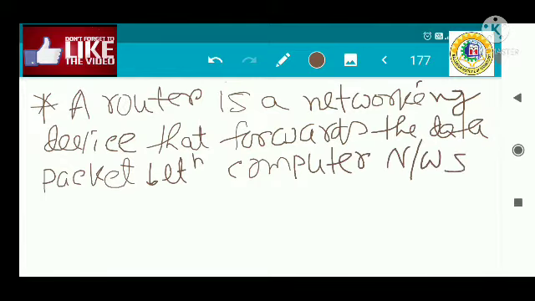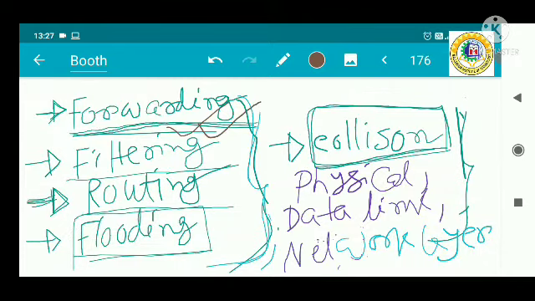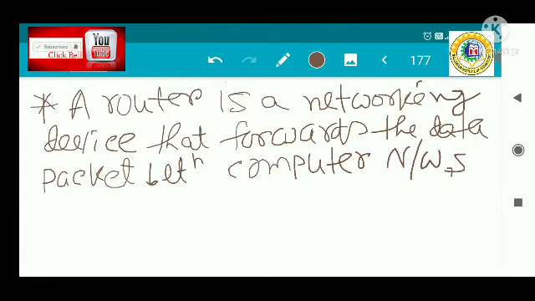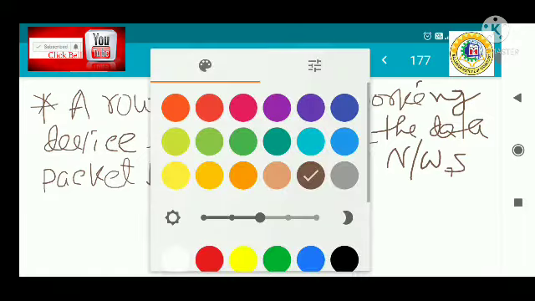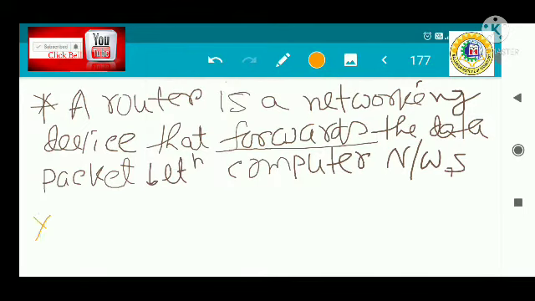So this is the formal definition of the router. That means the forwarding function can be easily performed with the help of this router. So this is a very easy definition of the router.